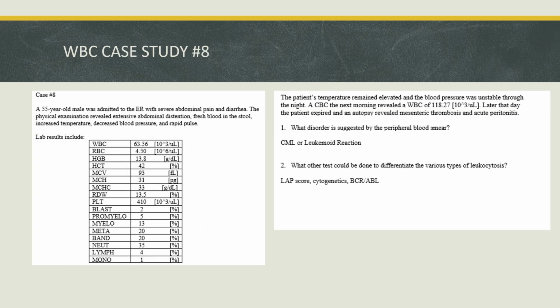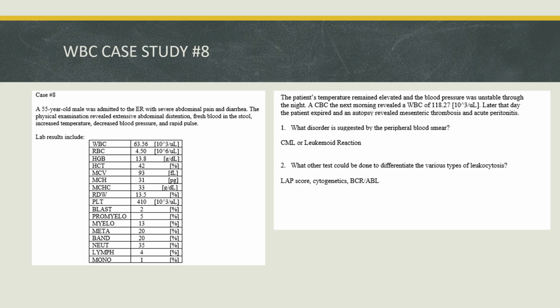All right, moving on to case study number 8. A 55-year-old male was admitted to the ER with severe abdominal pain and diarrhea. The physical examination revealed extensive abdominal distension, fresh blood in the stool, increased temperature, decreased blood pressure, and rapid pulse. These are the CBC results.